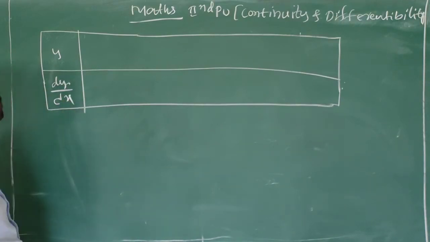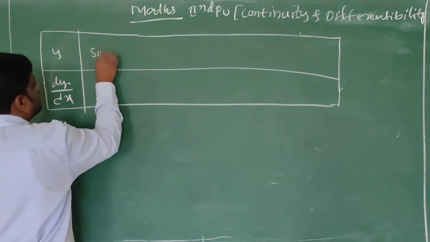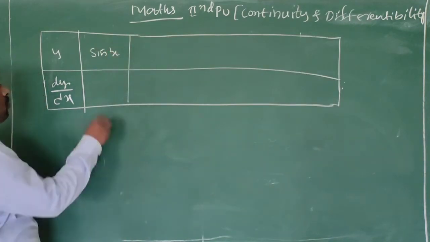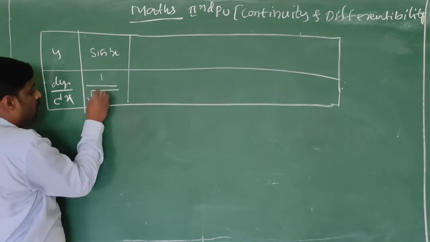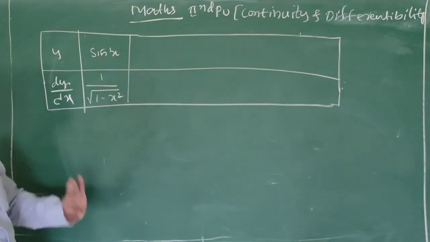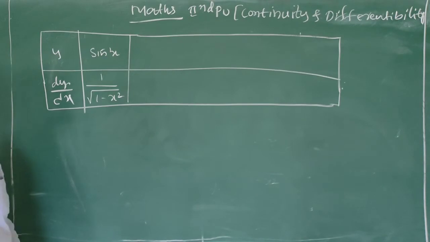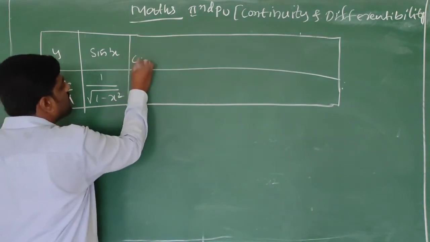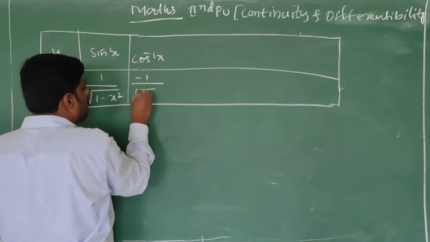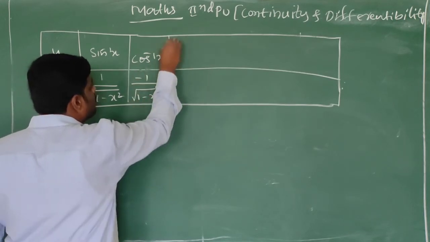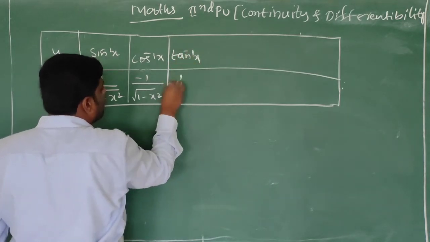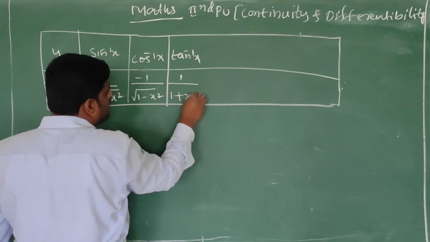Sin inverse x, the derivative is what? 1 divided by square root of 1 minus x square. So these formulas are very important to solve this exercise. Cos inverse x derivative is minus 1 divided by square root of 1 minus x square. Tan inverse x derivative is 1 divided by 1 plus x square.